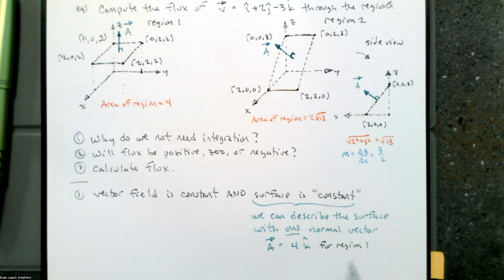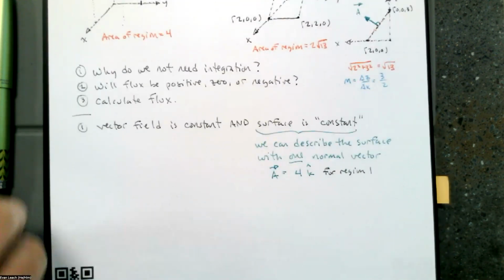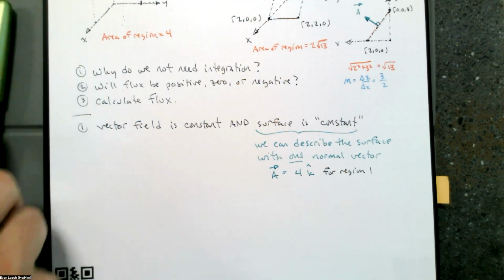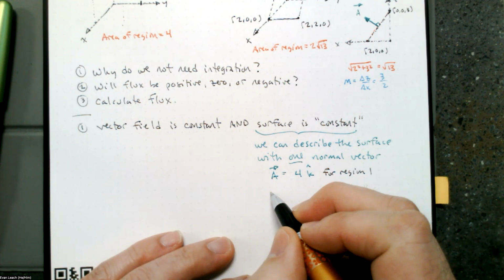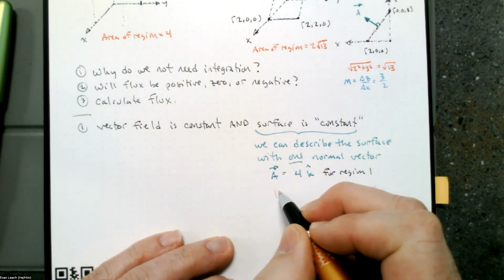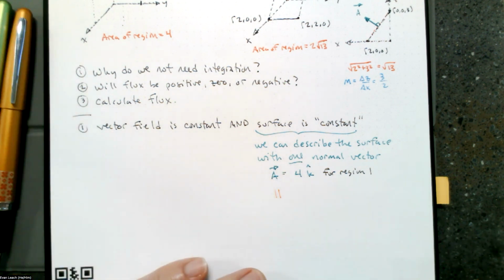So for region 1, I'm going to describe the area vector with 4k. 4 is the area, and k is a unit vector normal to the surface.